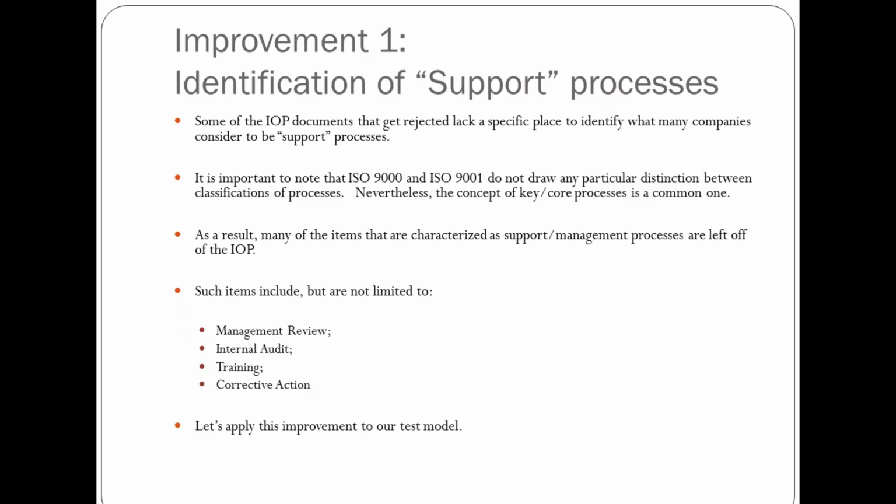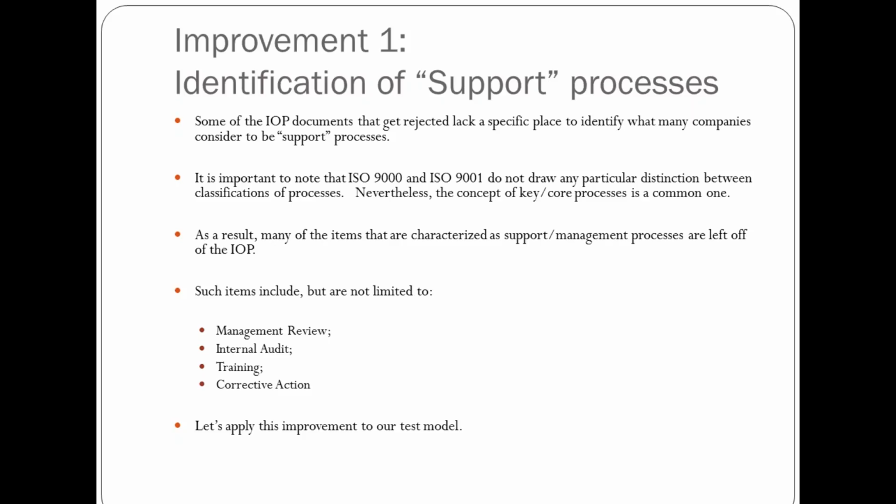The first improvement we're going to make to our test model here is we're going to identify the support processes. Now, some of the interaction of process documents that get rejected, they don't have a specific place for identifying what the organizations consider to be support processes. Now, in terms of support versus core processes, this is not something that ISO 9000 or 9001 draw any particular distinction on, but this is something that we see typically.